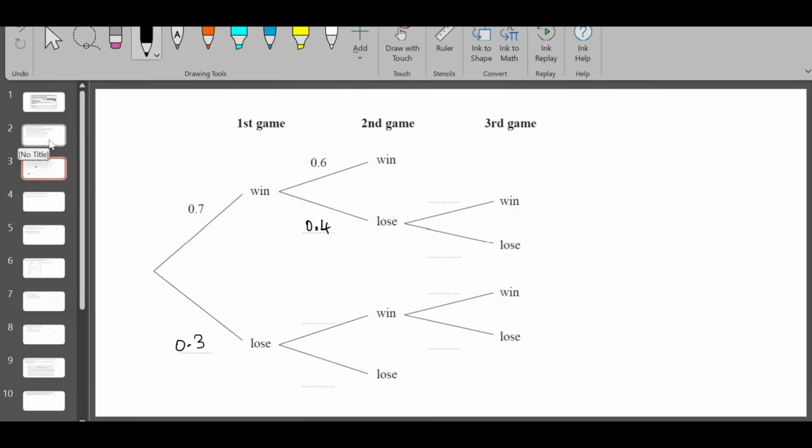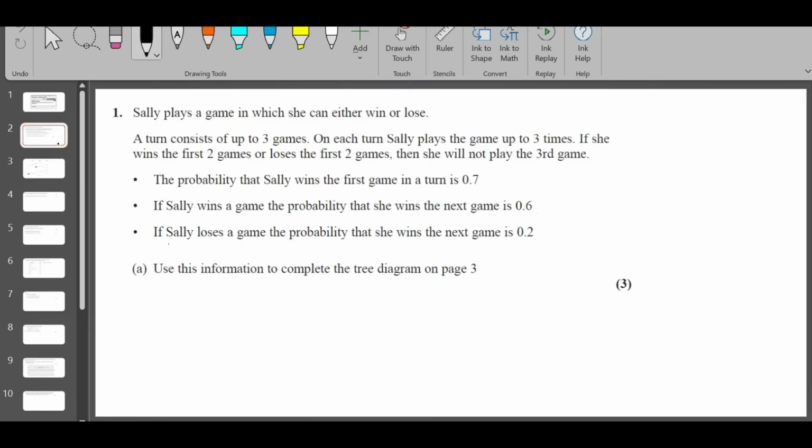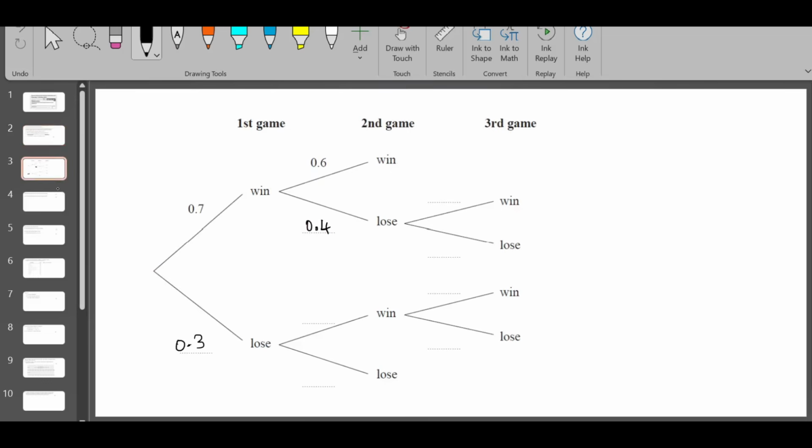Now, if she loses a game, the probability she wins the next game is 0.2. So this is 0.2, this is 0.8.